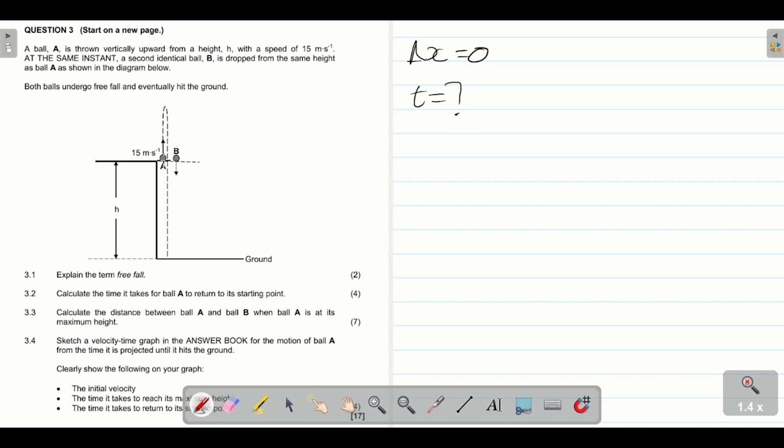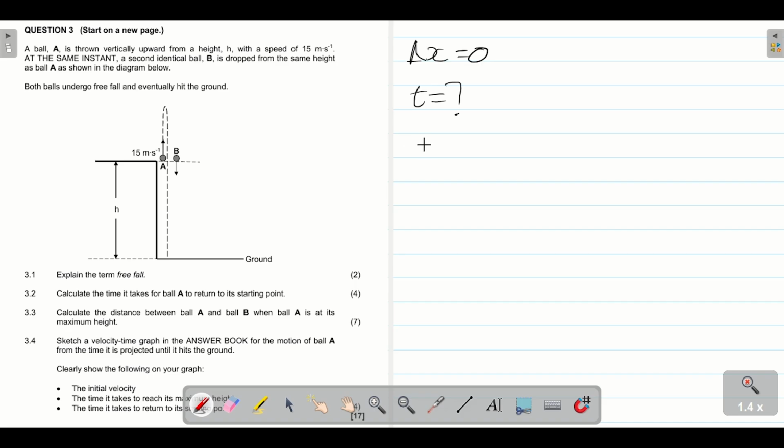What I would like to assume is that it takes twice as long to get back to the starting position as it would to get to the top. So the time it takes to get to the top will be the same as the time it takes to get back to the starting position.